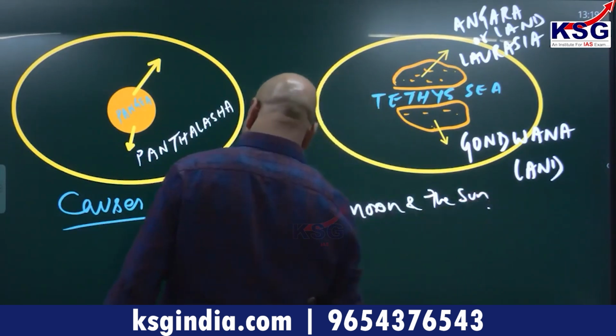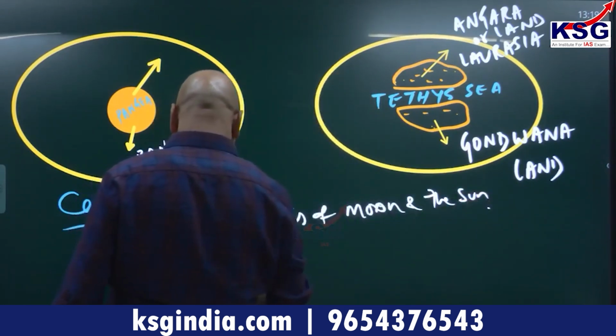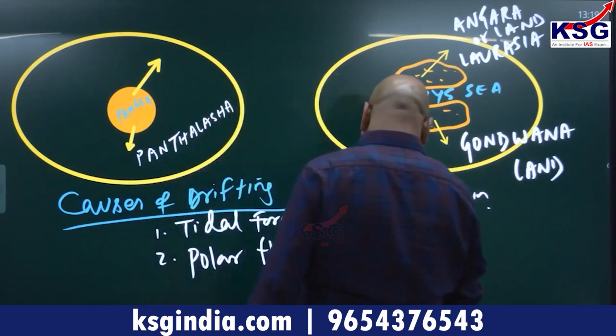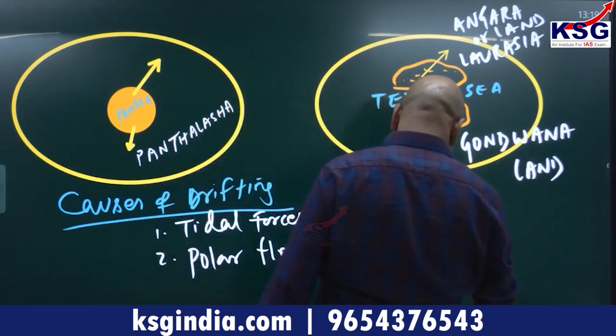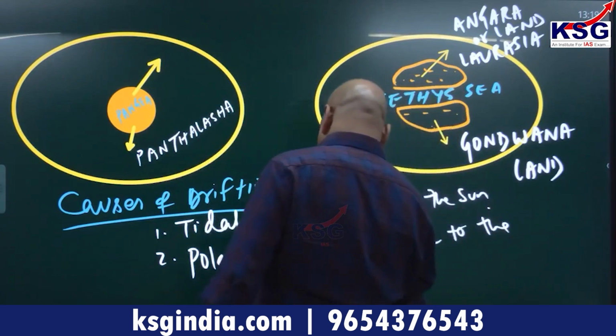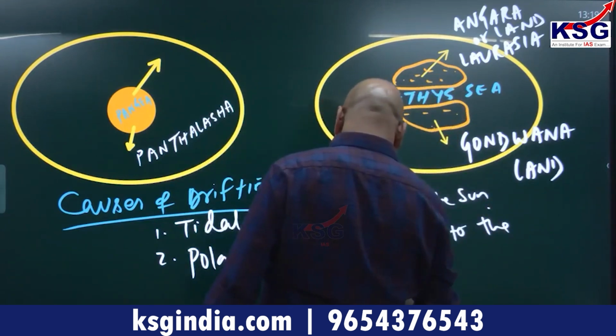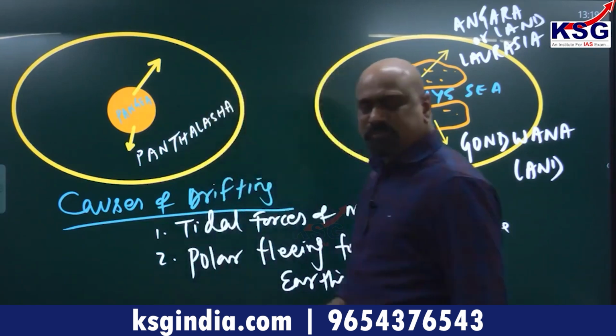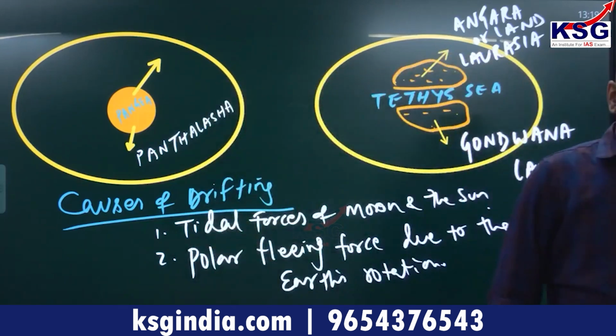Another one, he said, polar fleeing force due to the earth's rotation. These he said, but these are not theoretically or scientifically proved. These are not at all scientifically acceptable. We cannot accept this even scientifically. This is okay.